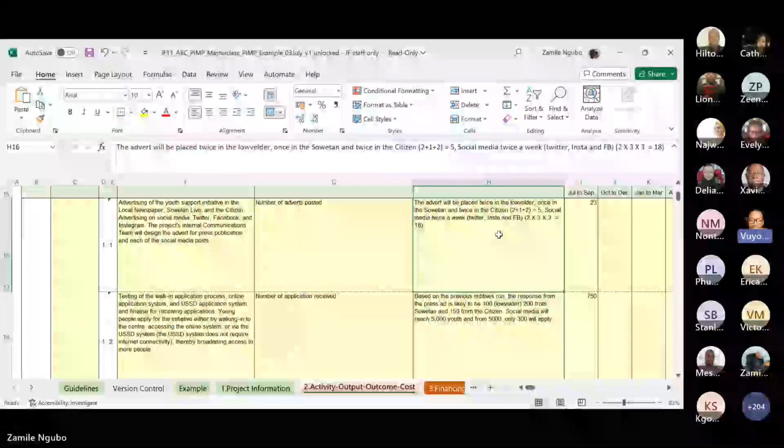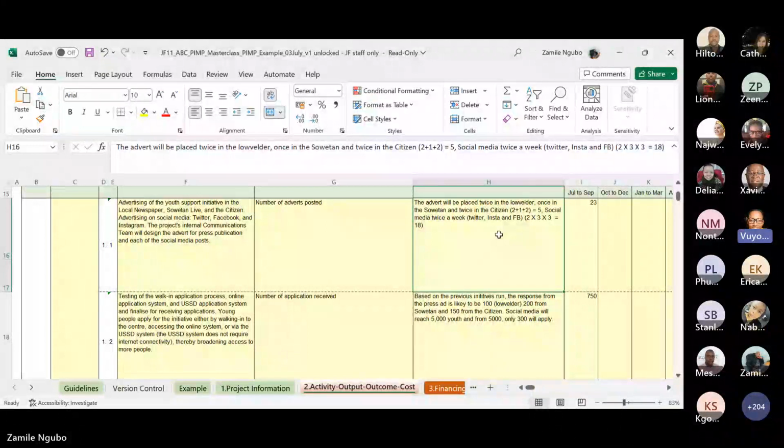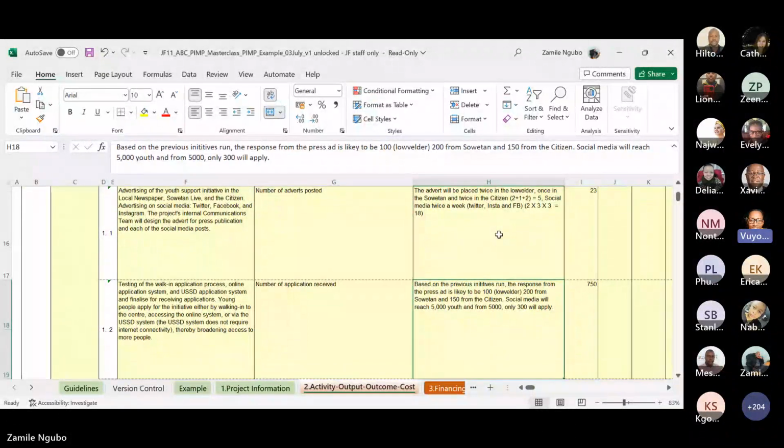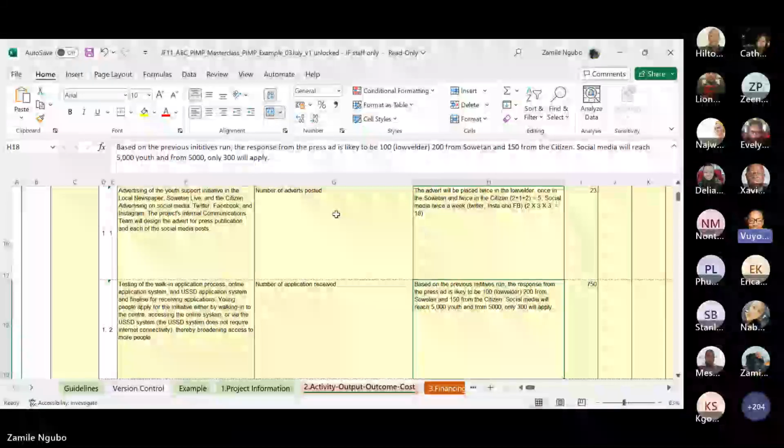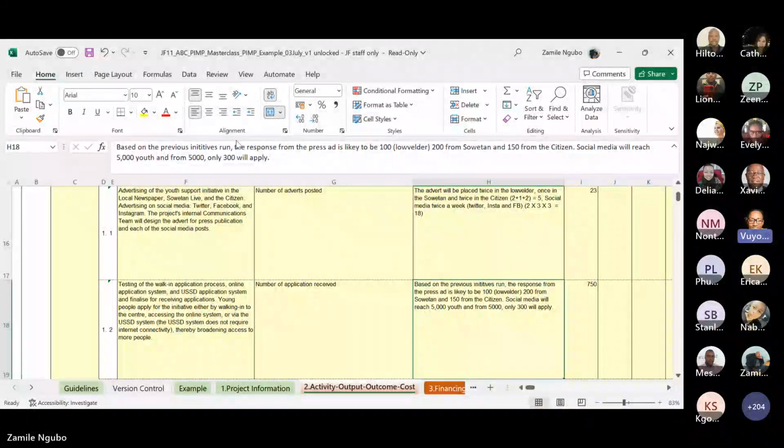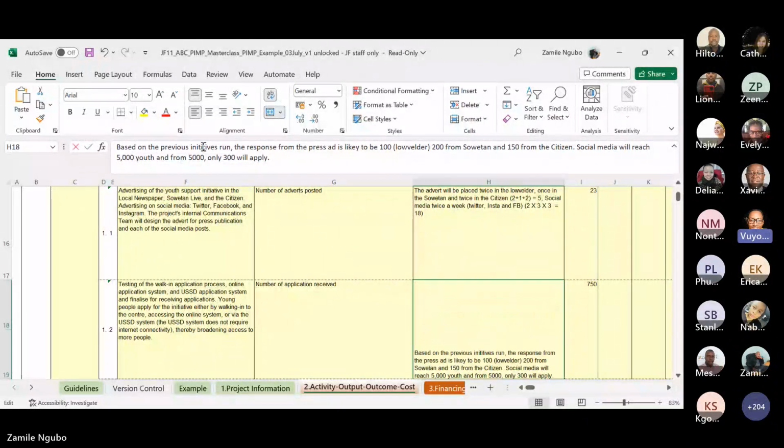Then Vuyo, we want to take another one. All right. So the other question from Ridwan was saying that the assumption reads more like a description of the activity. And the response that we wanted to give is that it's important for us, under the assumption, to better understand how we're going to roll out, as an example, the advertising of a particular activity.